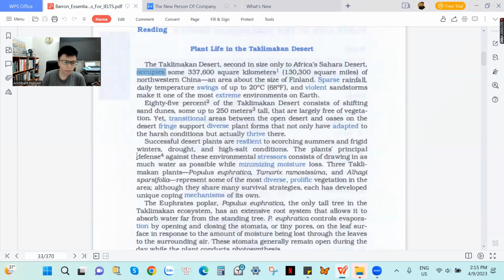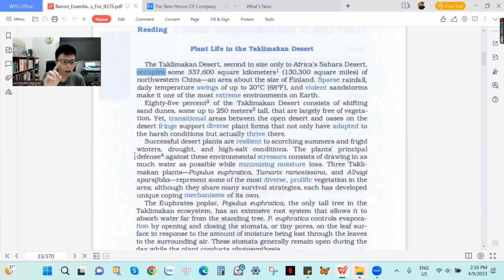First of all, we look at the word occupy. You think of the word occupy when it comes to time, like studying occupies the whole day of mine, or working occupies a lot of my time. I don't have much time for myself, or I want to spend time alone, but I don't have. So that is the word occupy. Whenever you use the word occupy, you think about time, you think about place.